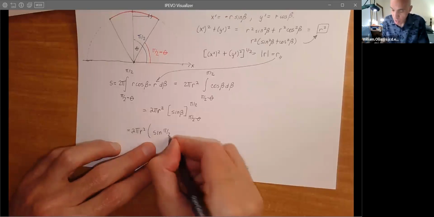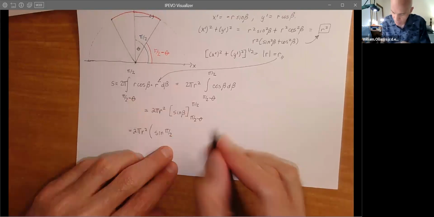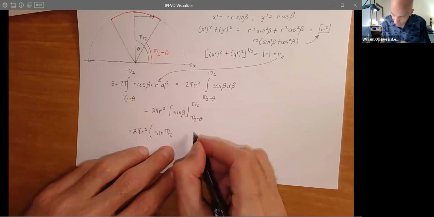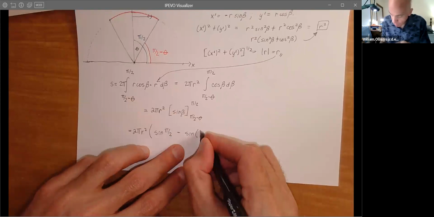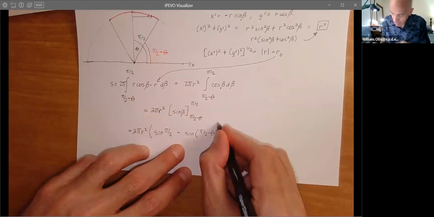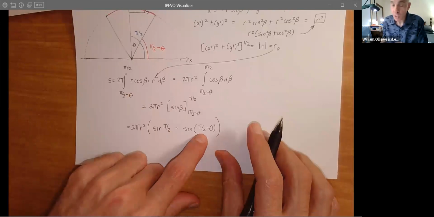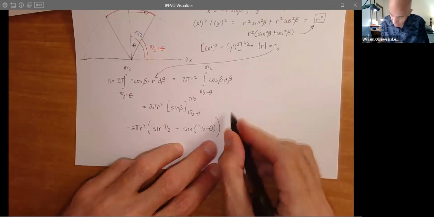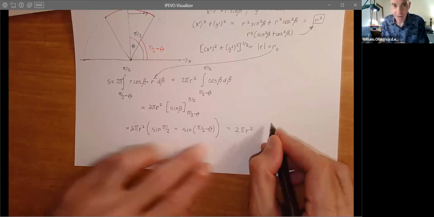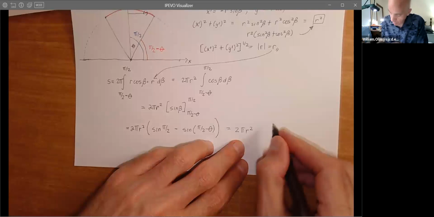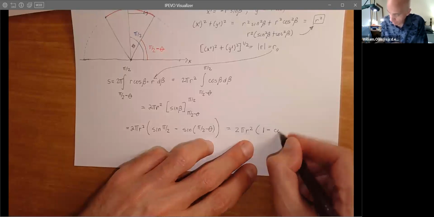Of course, I had to choose another variable because we're already using theta here, so it looks a little odd. Minus sine of pi over 2 minus theta. That's the cofunction, so that's cosine theta by the cofunction identity. So this gives us 2 pi r squared. Of course, sine of pi over 2 is 1. And then the cofunction, cosine theta.